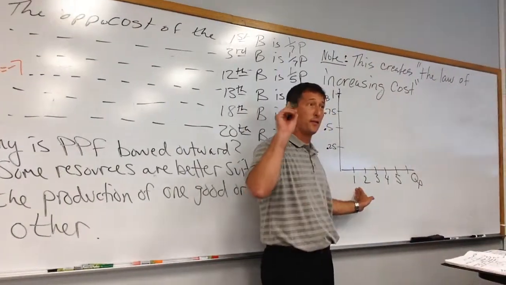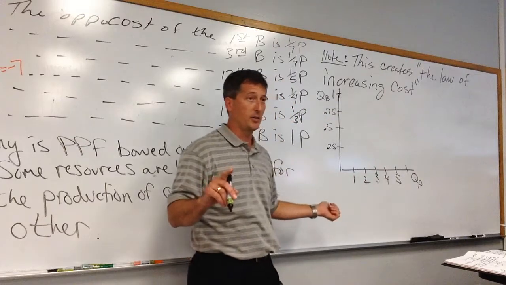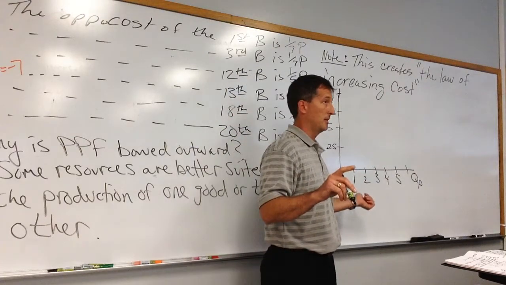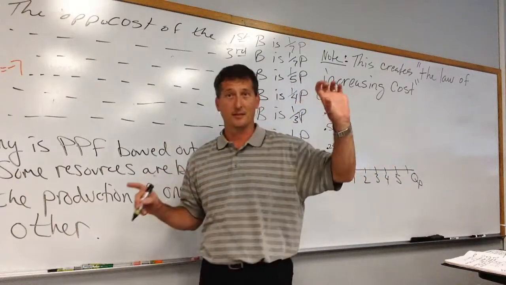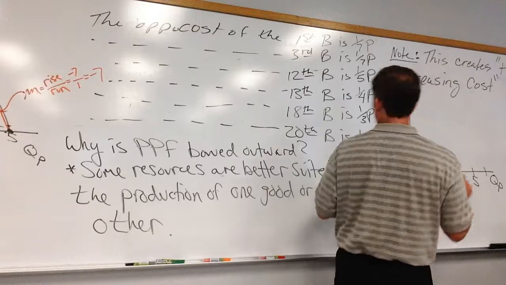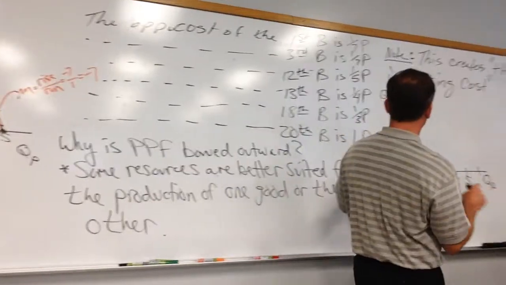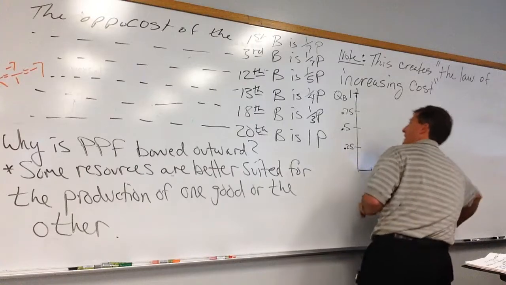The cost of the first pizza was how many beers? 1. Well, now it's 0.25. So the first pizza, 1 to 1? 1 to 1. All right. I think I screwed this up because I was thinking about going the other direction. Because now we're going to be going up. Beers over pizza, right?